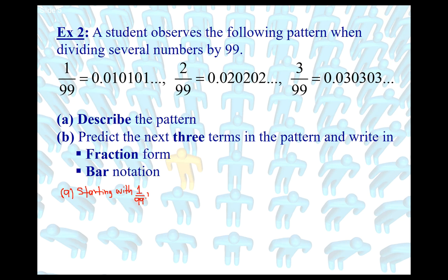Well, we're not doing anything to the denominator. All we're doing is we're adding a value of 1 to the numerator. So I could say starting with 1 over 99, add 1 to the numerator to get to the next term.